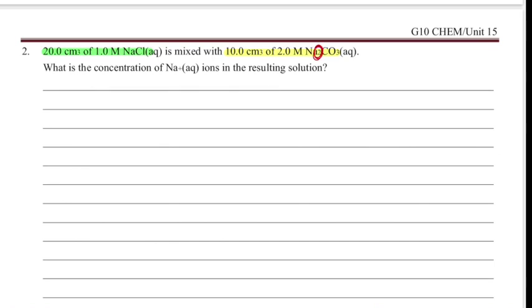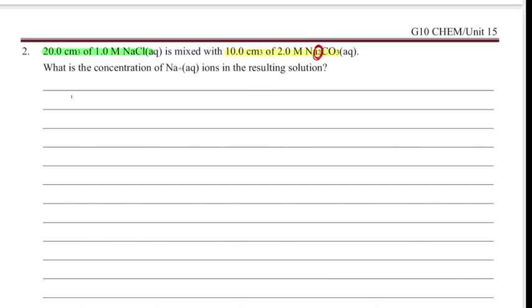That means each formula unit of sodium carbonate will release 2 sodium ions. So when we are calculating the sodium ions that can be provided by sodium carbonate, we need to multiply by 2.